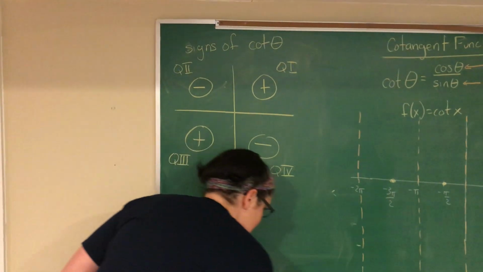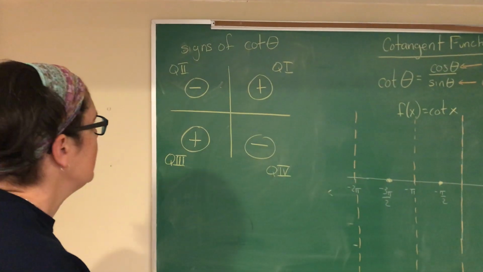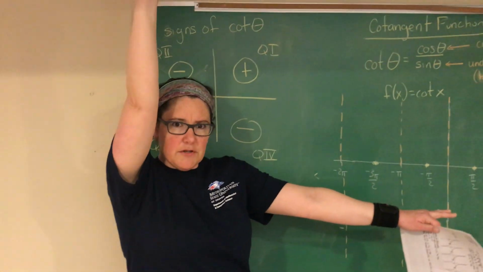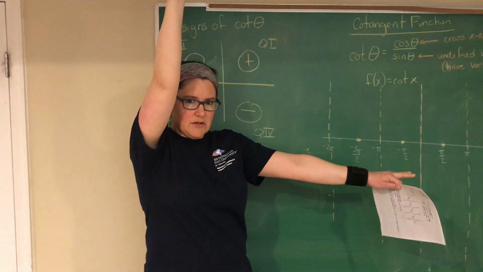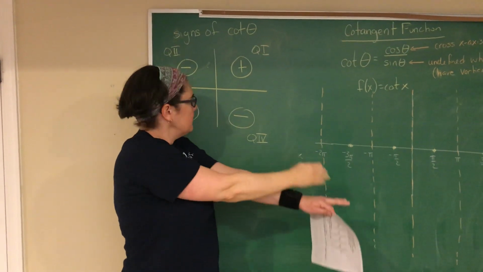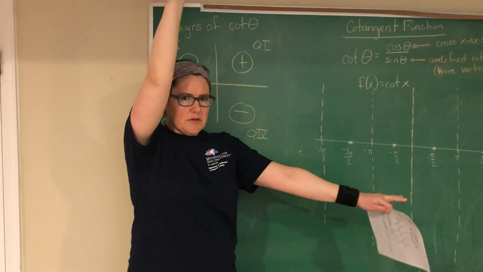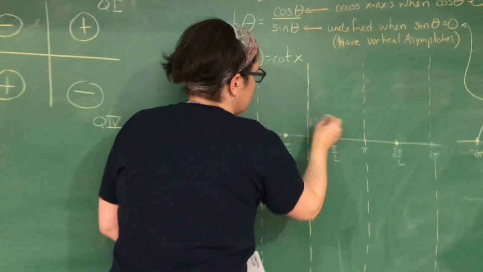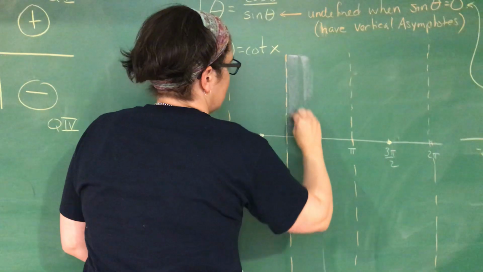Okay, so how is that going to affect our picture? For an angle of 0 to pi over 2, our cotangent function is positive. So from 0 to pi over 2, our cotangent function will be above the x-axis.